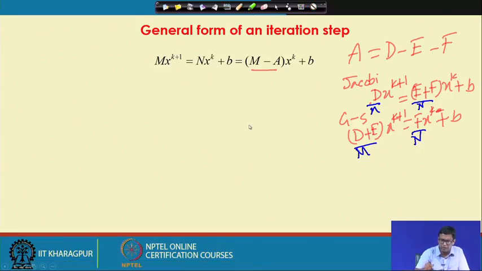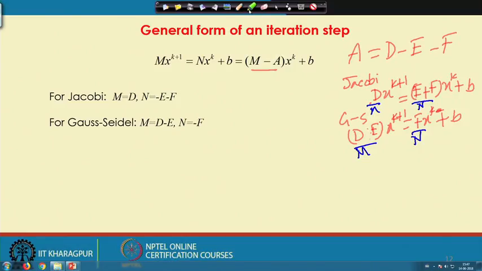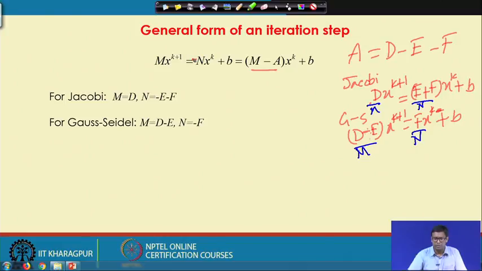So, we can write that for Jacobi, M is equal to D, and N is equal to minus E minus F. For Gauss-Seidel, M is equal to D minus E. It is not D plus E, rather it is D minus E. Just a second, this should be minus N, so minus N is equal to F here.